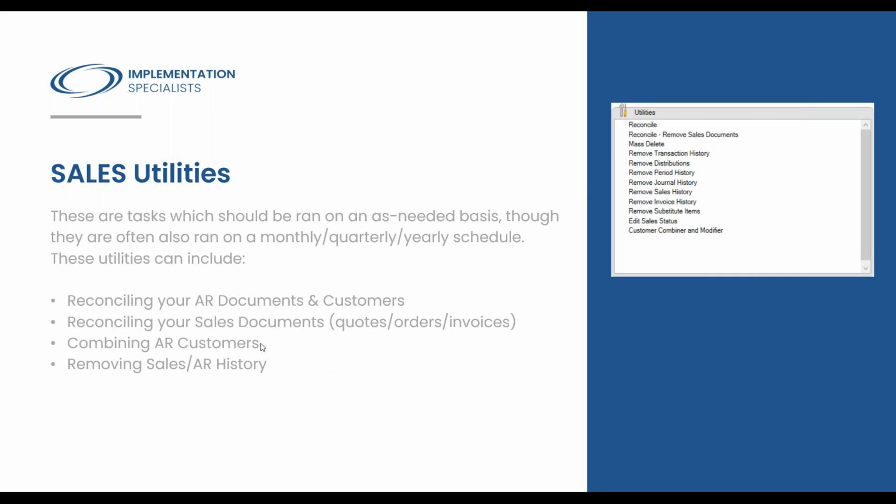If ever you find that you've got a duplicate set up in the system, one customer got set up twice, you can merge those together. And then the removing of sales and AR history. And that one is truly removing. So we'll talk through that and if and when that might be a good idea and what the repercussions of that might be.